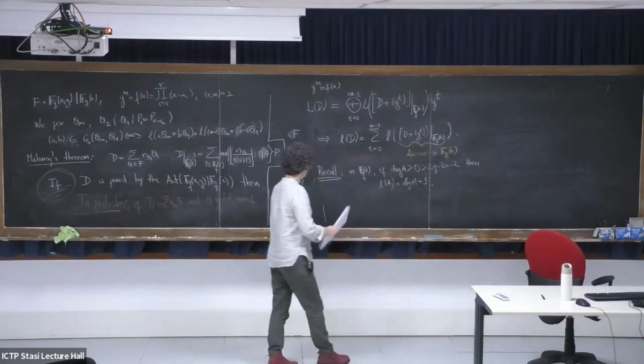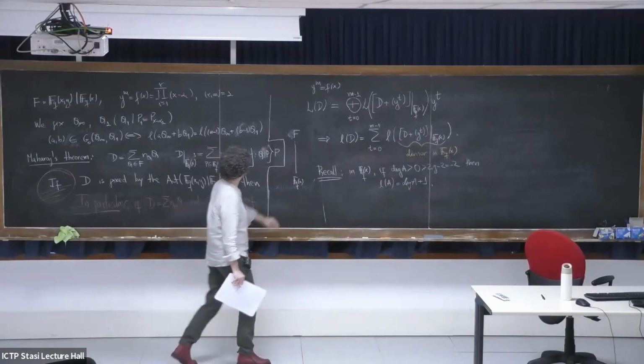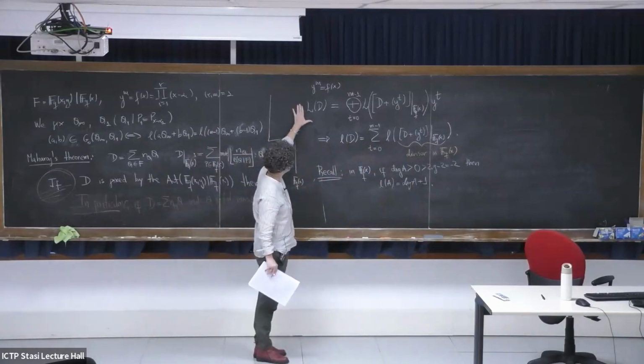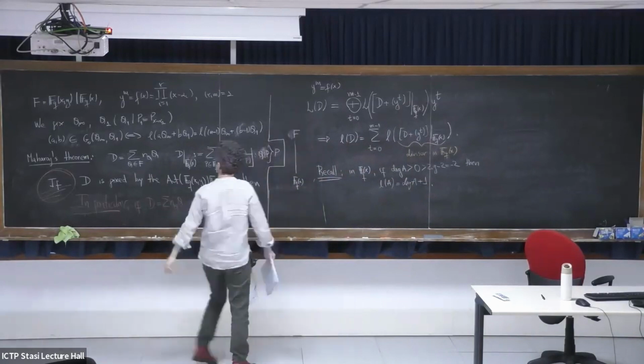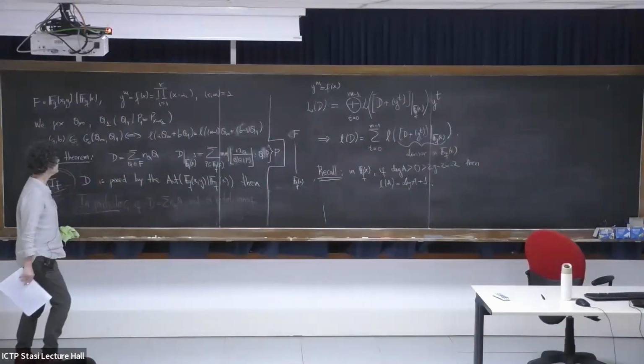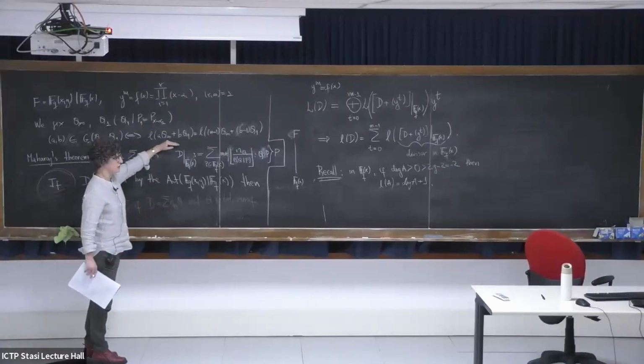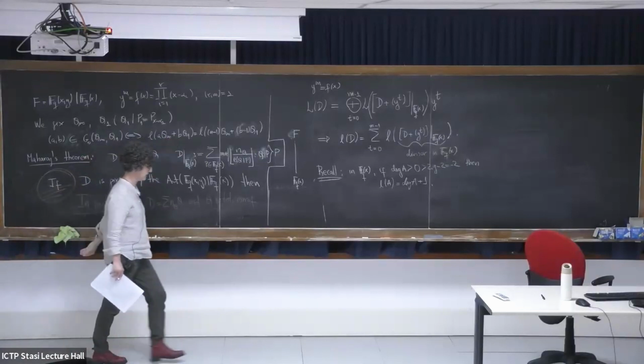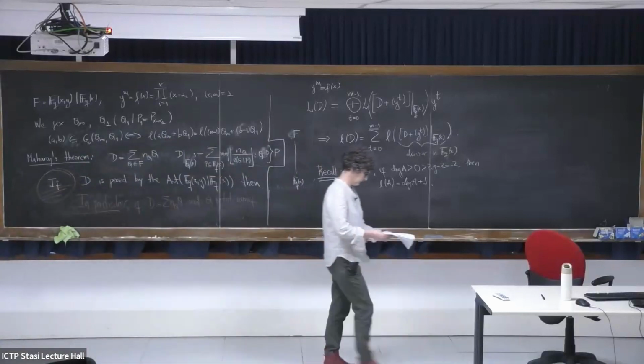And this is Maharaj's theorem. So if we apply this theorem for this divisor, I will not do all the computations, but I will give you what we get in the end.